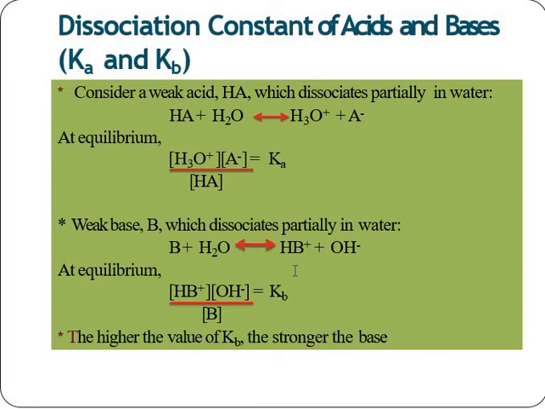So you can write the dissociation constant of the base, Kb, is equal to the concentration of HB plus into the concentration of OH minus divided by the concentration of B. The square brackets indicate concentrations of reactants and products. In this way you can calculate dissociation constants of acids and bases.